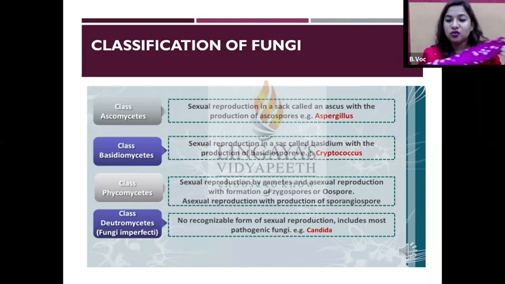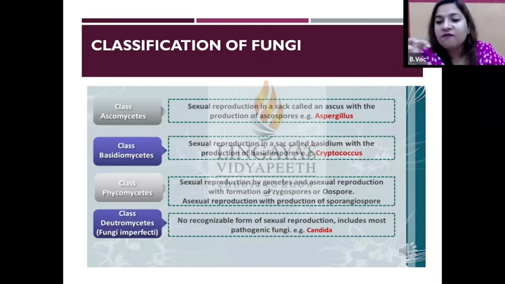So the class ascomycetes reproduce by sexual reproduction in a sac form. The sac, the covering, is called an ascus. Thus, they are termed ascomycetes. An example of the ascomycetes is Aspergillus, which is a very important pathogenic fungus.